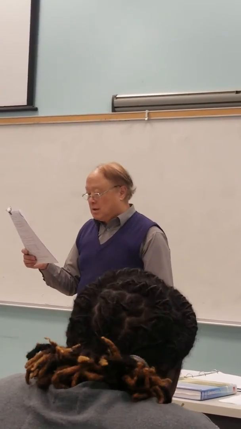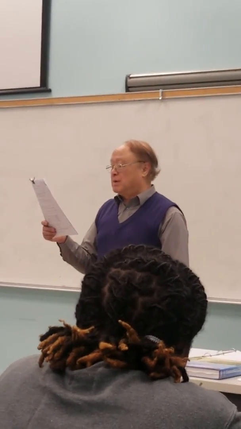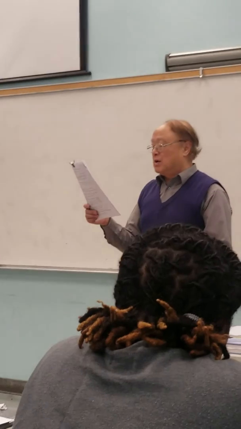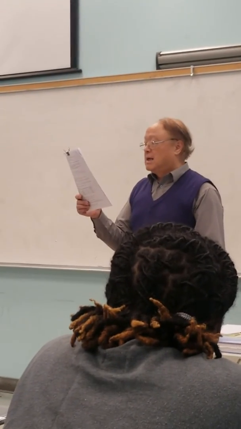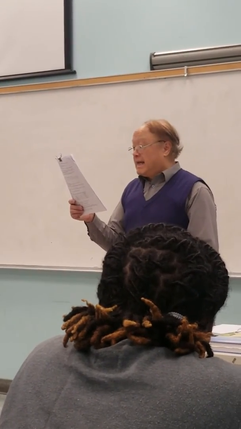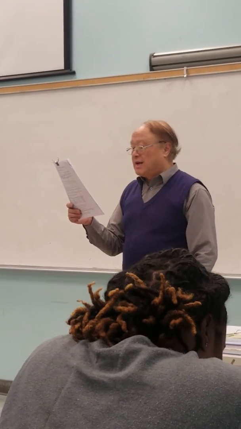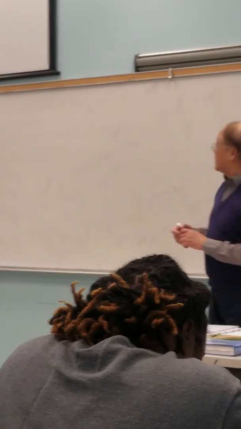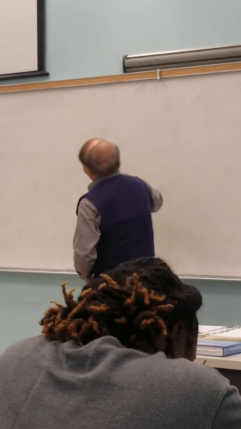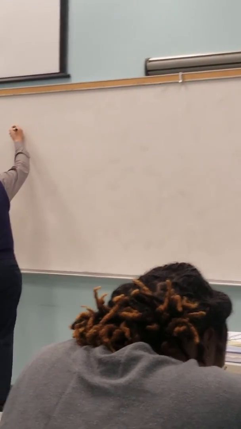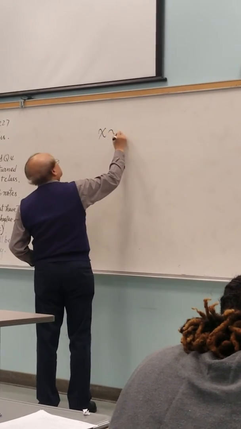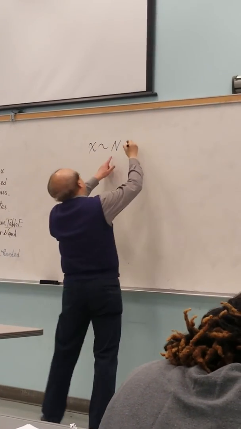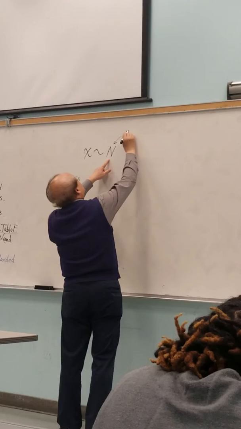If x is a normal random variable with the mu given, with the sigma given, then it is a continuous random variable. The density, the notation: this is an abbreviation of the normal.